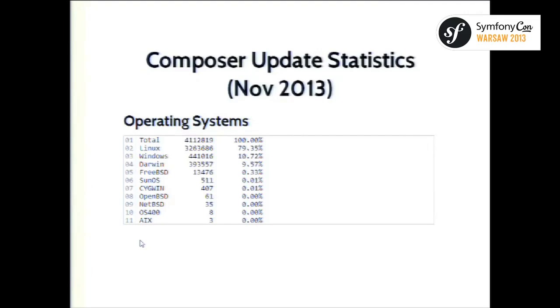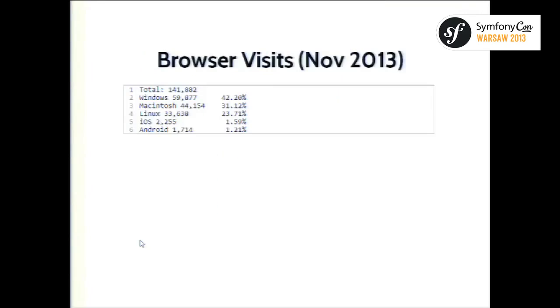But it's interesting. It clearly shows that servers or dev environments are clearly Linux, because you have the 80% there. That's definitely winning. But if you look at the browser statistics for just visits on the website, we get kind of different numbers.